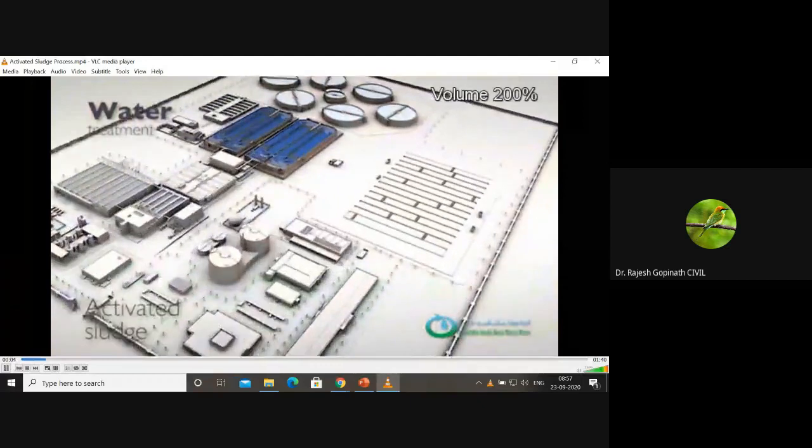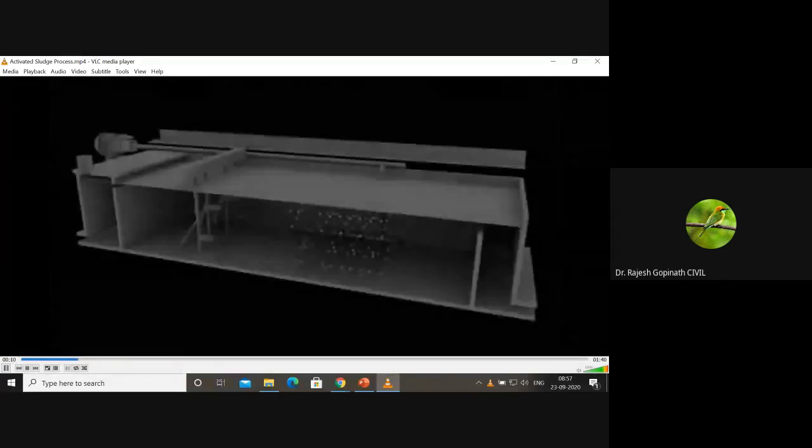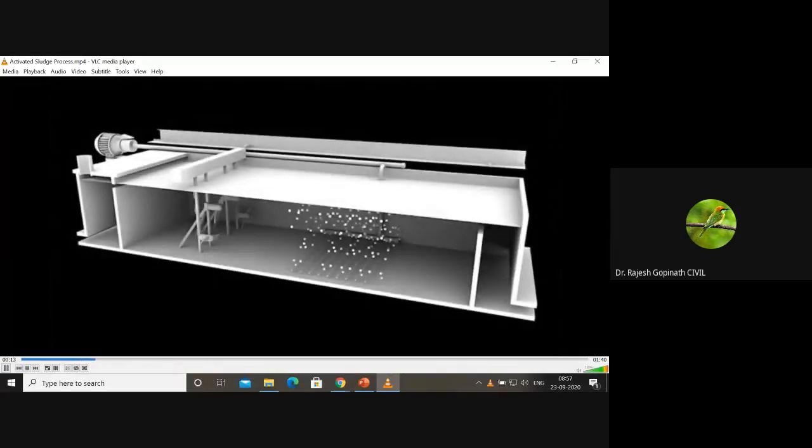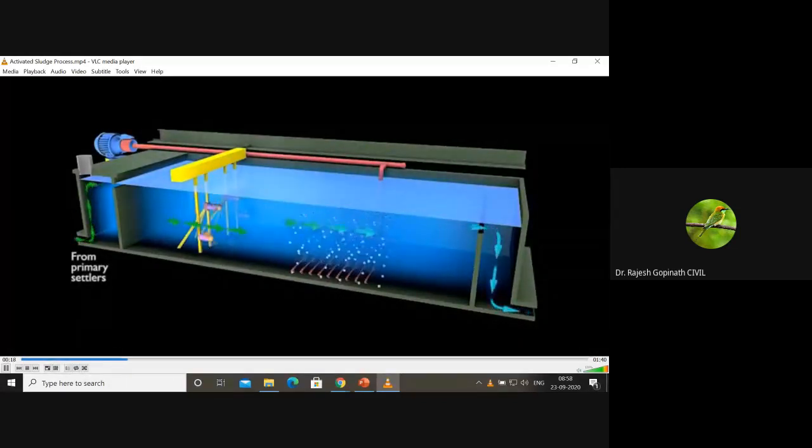Secondary treatment. Secondary treatment is the heart of the wastewater treatment process. Whereas the previous steps of treatment consisted in removing the suspended solids by settlement, this step of treatment consists in removing the major part of dissolved pollution. So you can see here you have the wastewater which is entering from here. That is, the effluent coming from your primary sedimentation tank. Then it enters into this aeration tank, wherein by some mechanism, probably it could be a mechanical aerator or it could be tube diffusers, aeration is taking place.